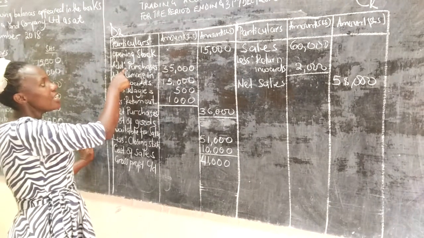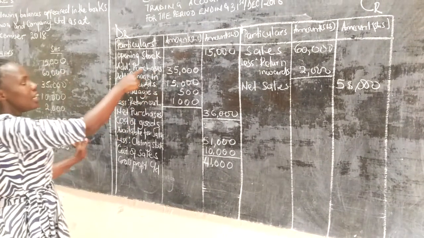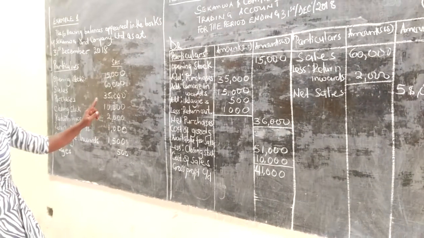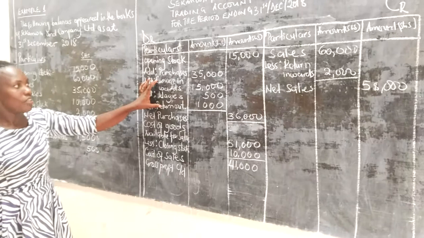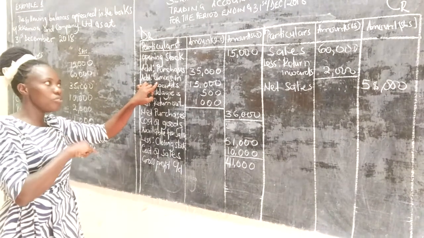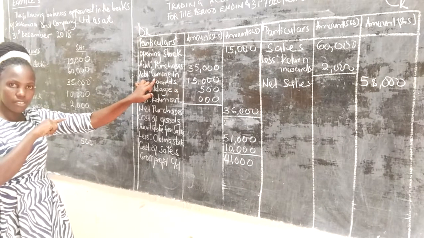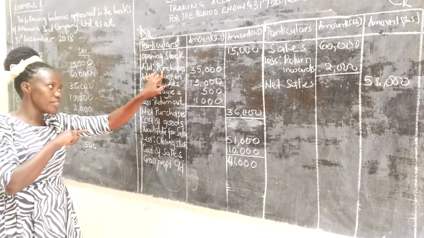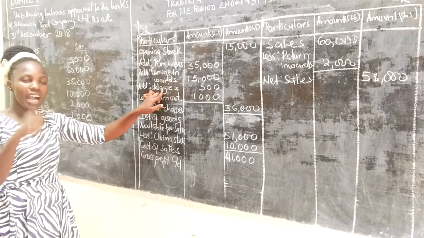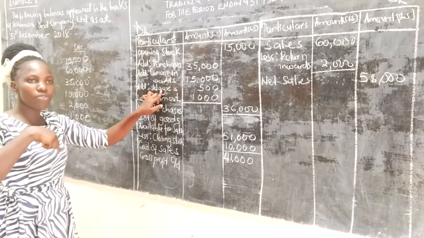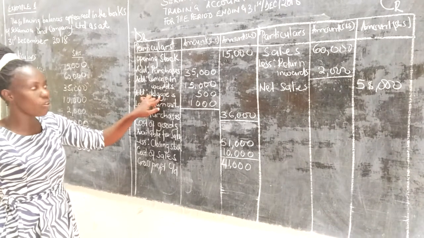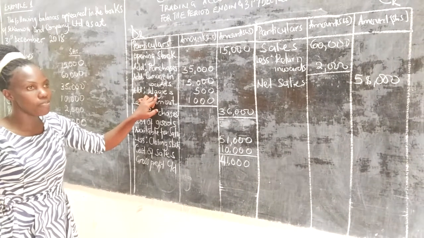Now we have add purchases. In our number, purchases are affected. Remember, in the number we have carriage inwards, which is the transport used to transport the purchases. We add it onto purchases. We have the wages. For example, if you have hired somebody to carry for you the goods into the vehicle, you pay him some money for carriage.